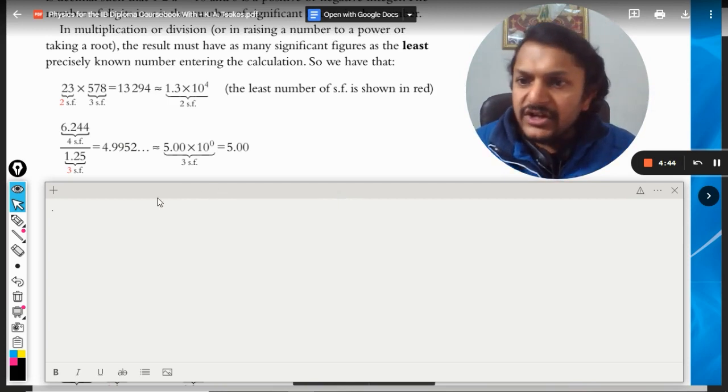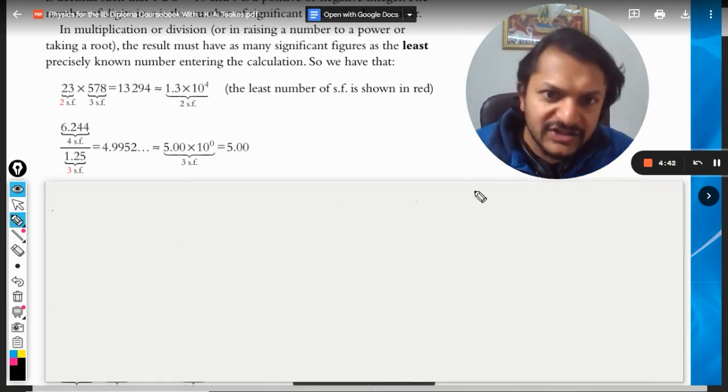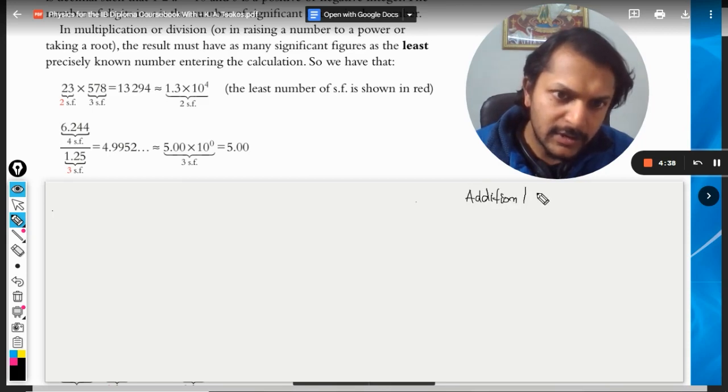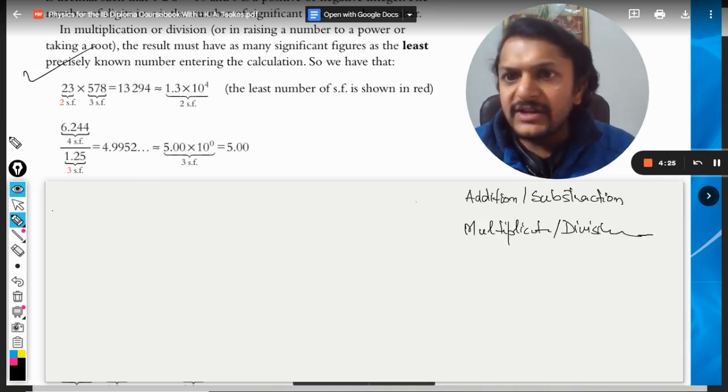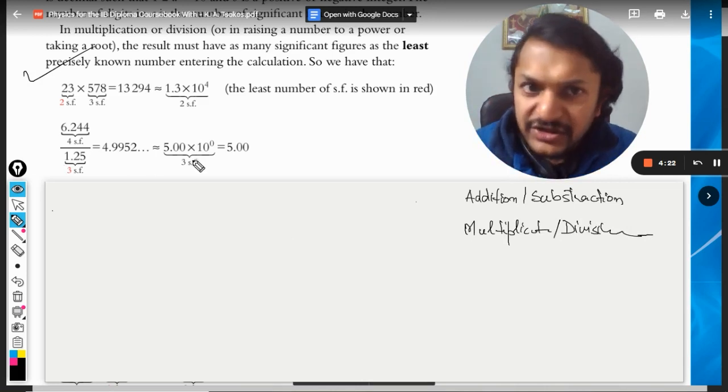So there are two things here. Number one is addition and subtraction. And another thing is multiplication and division. So first of all, we will consider multiplication and division.